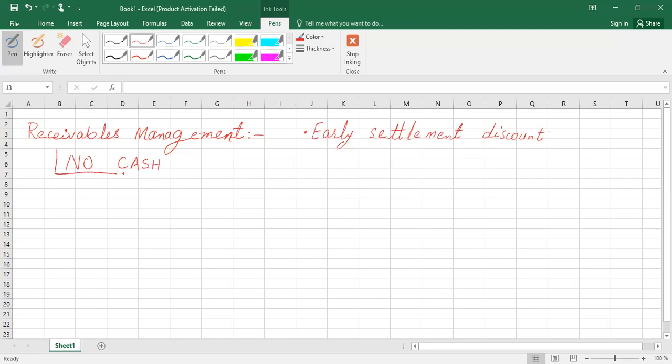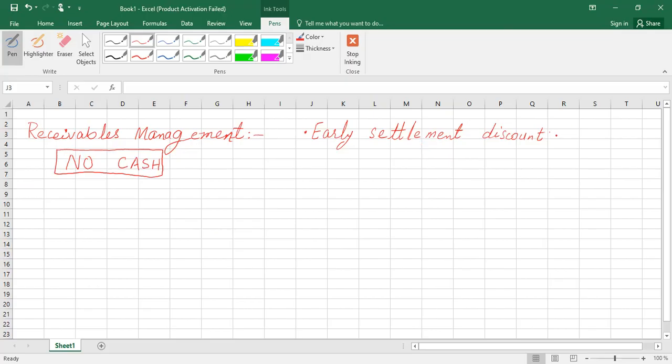So we have no cash, either we are trying to take the benefit from the supplier for early settlement, or we want to purchase inventory at discounted price, or even if we want to offer discount to our customers. We don't have cash in working capital.